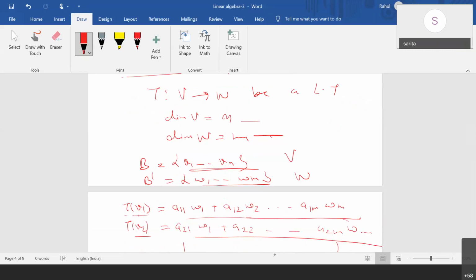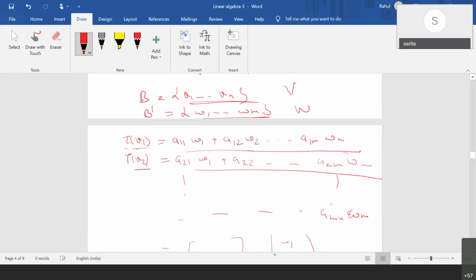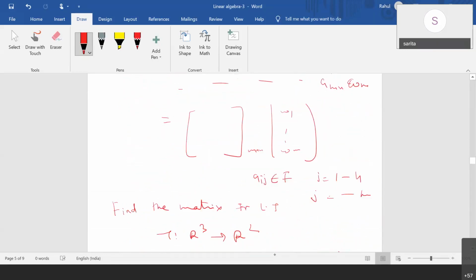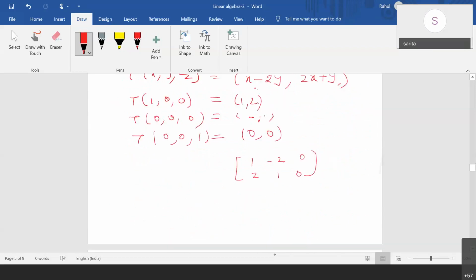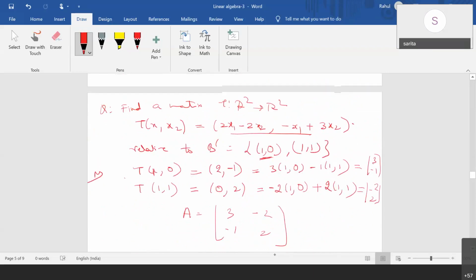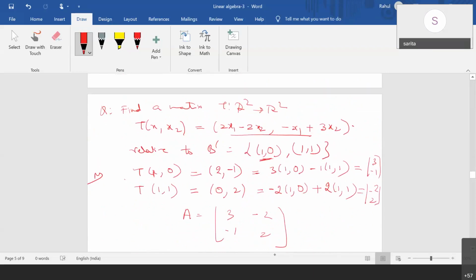So if W1, W2, Wm are the basis, then any other element Tv1 can be written as a linear combination. Taking this, this becomes your matrix here, M cross N. Yeah, columns. Those columns make the matrix. So if you have these coming -3, -1 and -2, 2, their columns will make the matrix A.